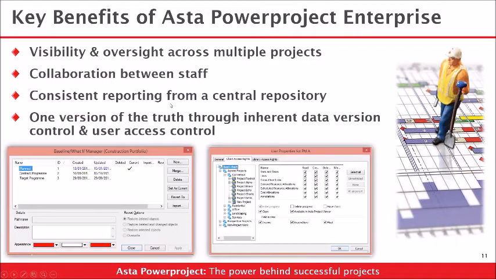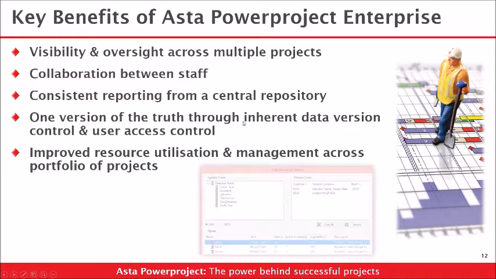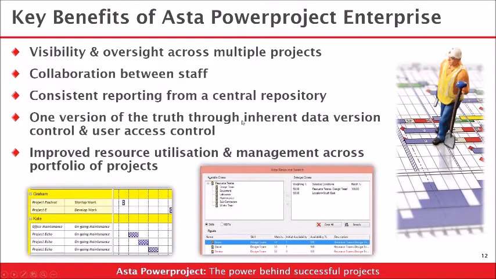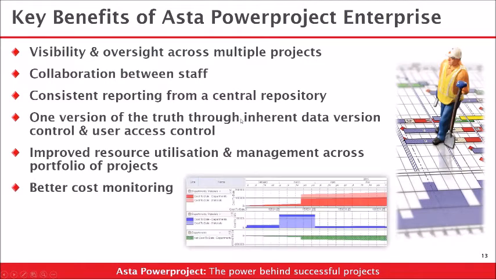So you end up with one version of a project. You have user rights and access controls to say what people can and can't do. Your resources come from one set of resource pools, which you can open up and look across all projects. Costing can also be allocated and monitored across different projects, which we'll also look at.